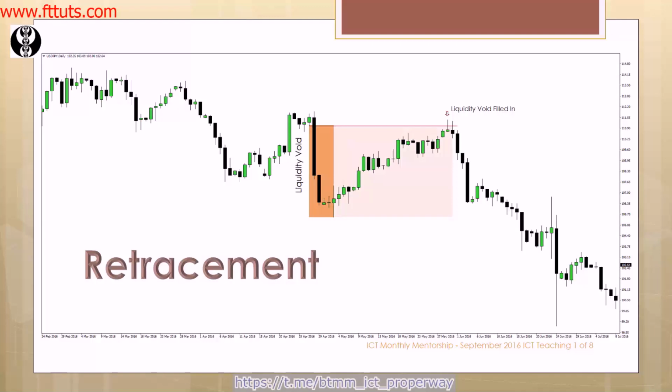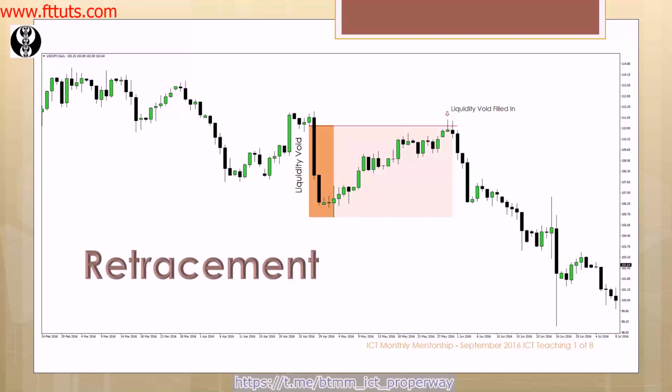It moved too quickly, it skipped, or it created gaps. Well, what we'll do is we'll wait as a trader. We won't chase price. We'll wait and say, okay, there's going to be either an indication to get long and try to fill in that range, or we can wait for it to come all the way back up to it and fill in the liquidity void. Once it hits it, then it'll probably resume going lower.